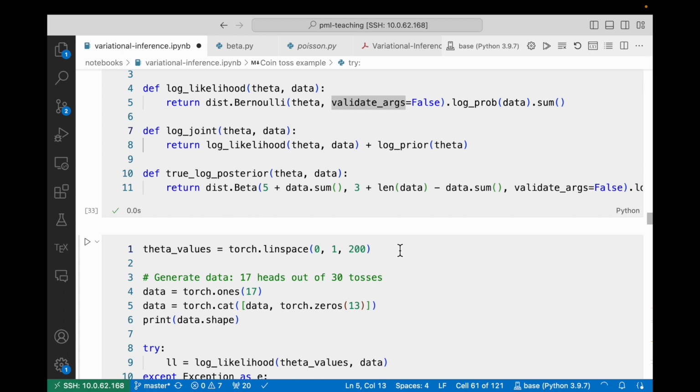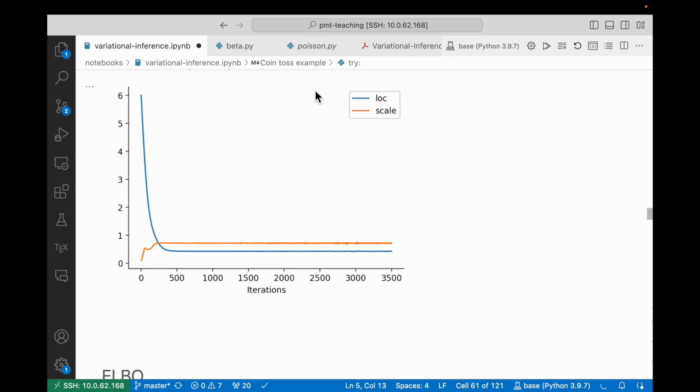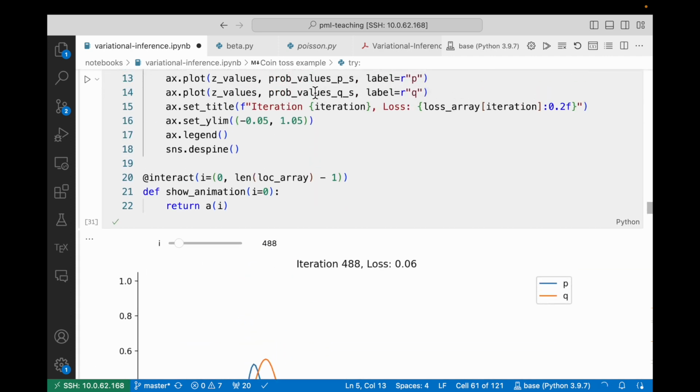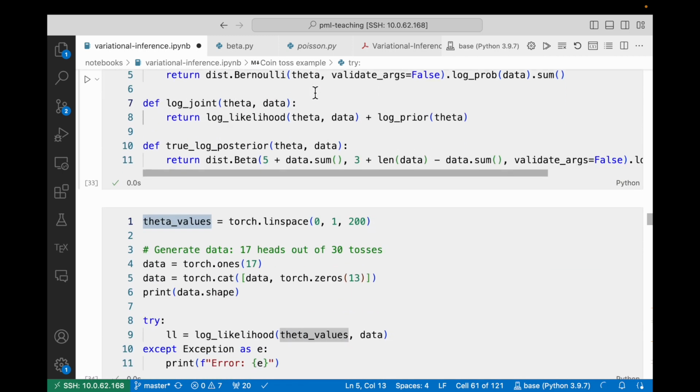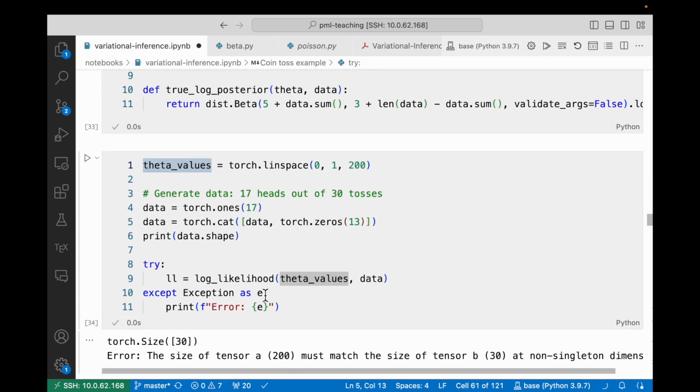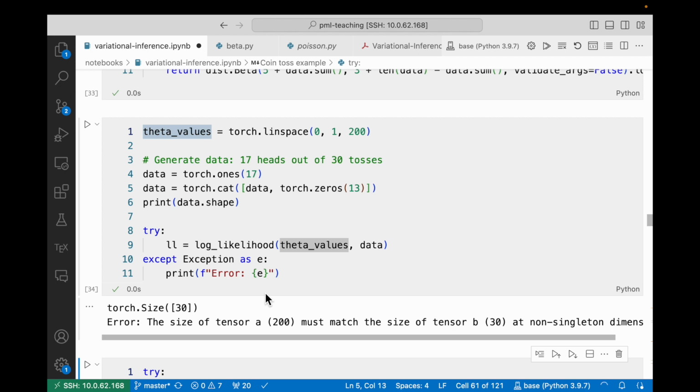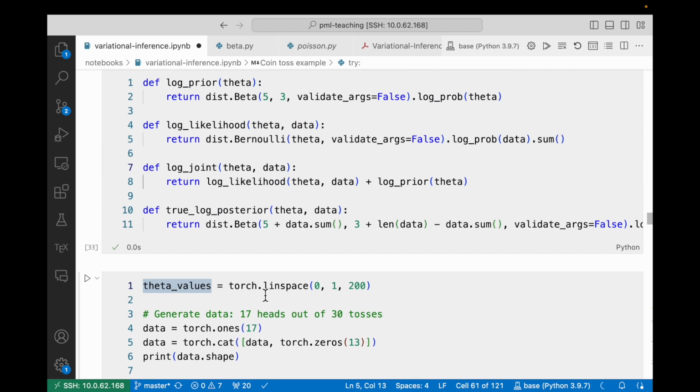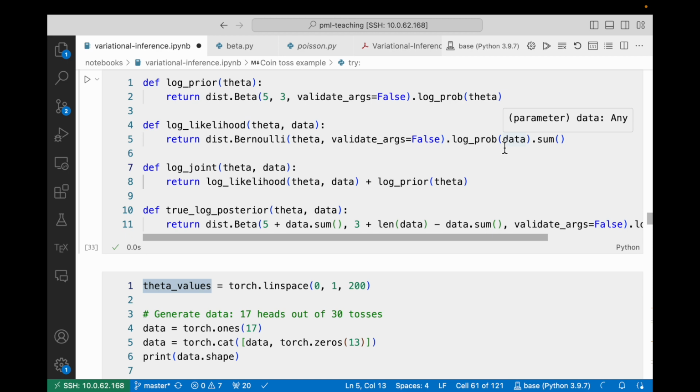Theta is just the probability of heads, so it's a scalar. And data is a vector, the shape of data is 30. It's a vector of length 30. So log likelihood accepts as input a theta, which is a scalar. For that theta, given a data set, you are able to find the log probability of data.